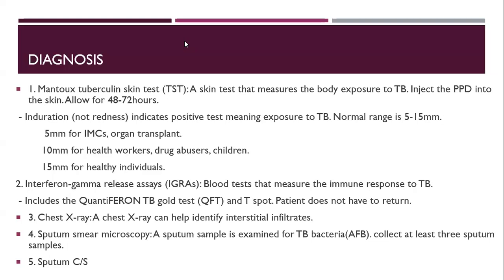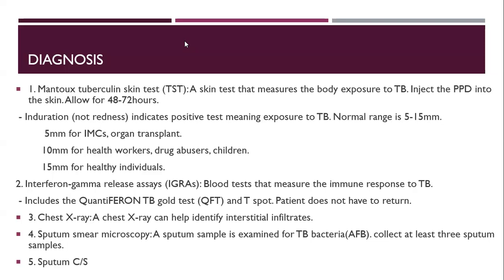So if a health worker comes and you check and they get 5, it is negative. Even 8 is negative. A health worker must be 10 and above. If they get 12 or 13, it means there's an exposure.